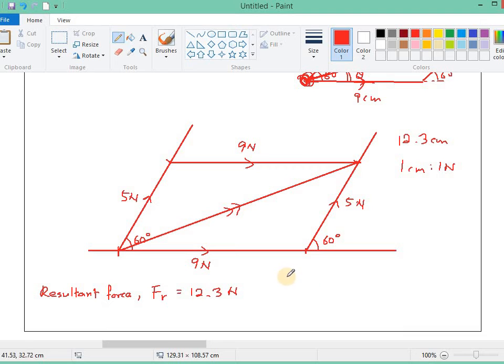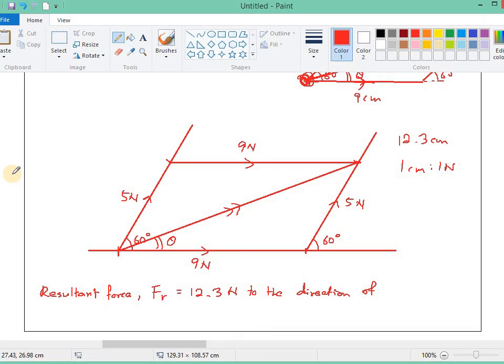Okay, so 12.3 Newton to the direction of, measure this angle. So using protractor, I can get 21.